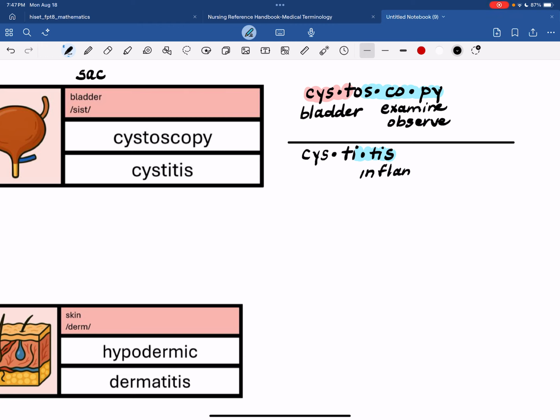You see why I showed you the suffixes first, because you can use those over and over again. And then, of course, cyst is bladder. So cystitis is inflammation of the urinary bladder, possibly diagnosed by cystoscopy.